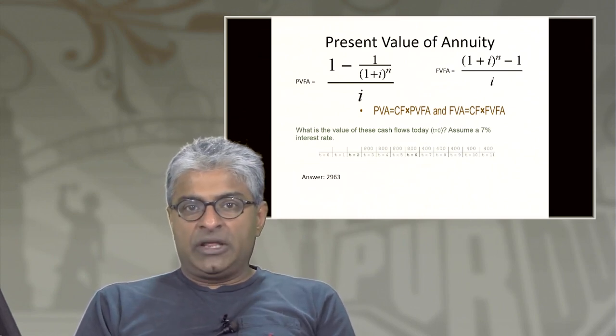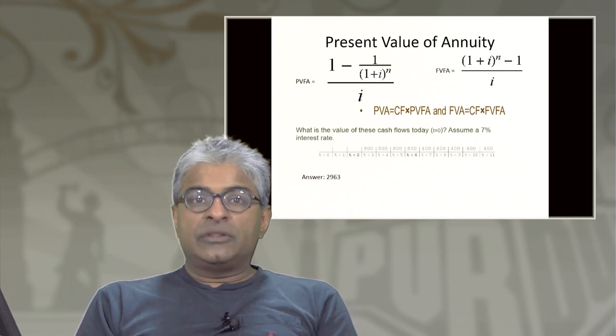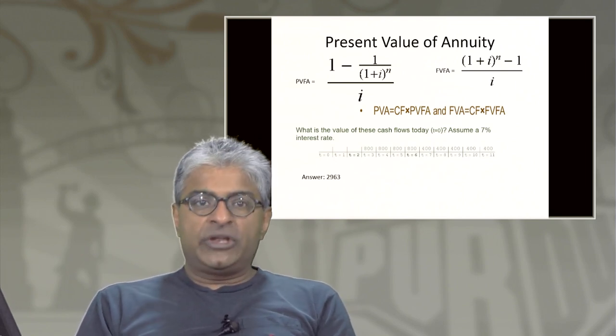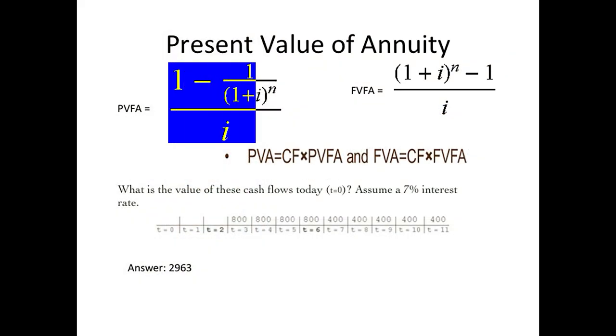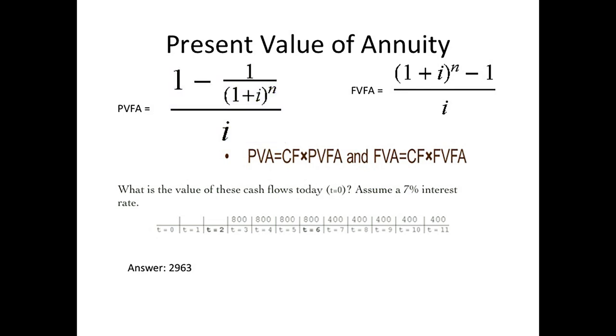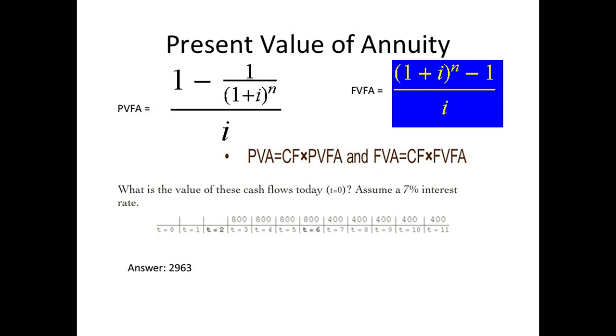We can calculate the present value of a stream of annuity payments using the present value factor for annuity formula, which is given to you at the top left: 1 minus 1 over 1 plus i raised to the power n, the whole thing divided by i, as opposed to the future value factor for annuity, given there to the right: 1 plus i raised to the power n minus 1 over i.